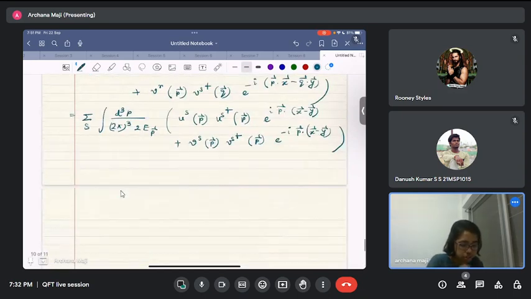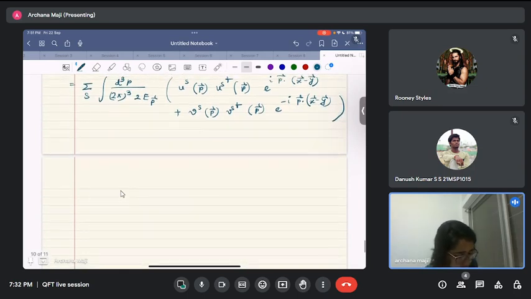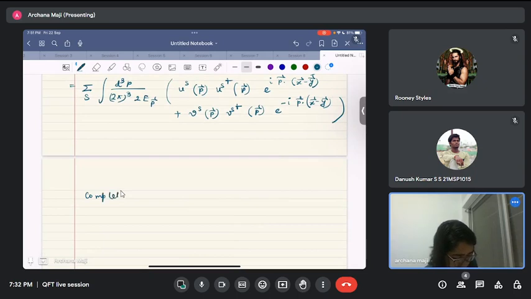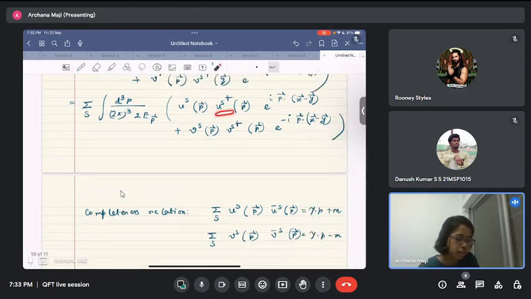Now remember the completeness relations that we derived last time. I'll just state. Summation over S of U_S(P) U bar_S(P) was gamma dotted with P plus M, and V_S(P) V bar_S(P) was gamma dotted with P minus M. Okay, so you see we have U dagger and V dagger here.